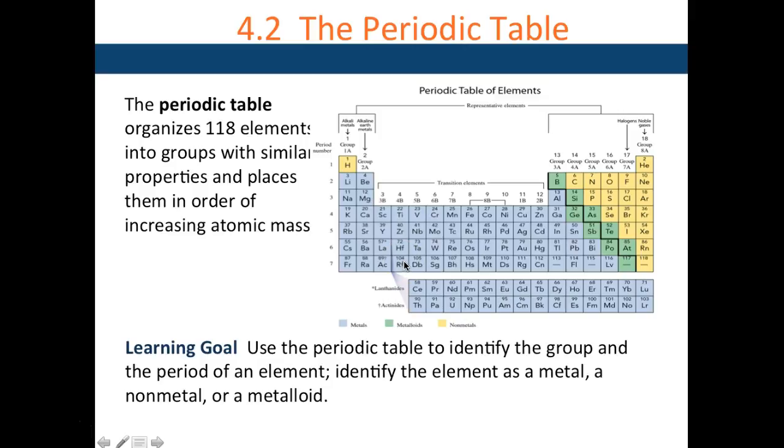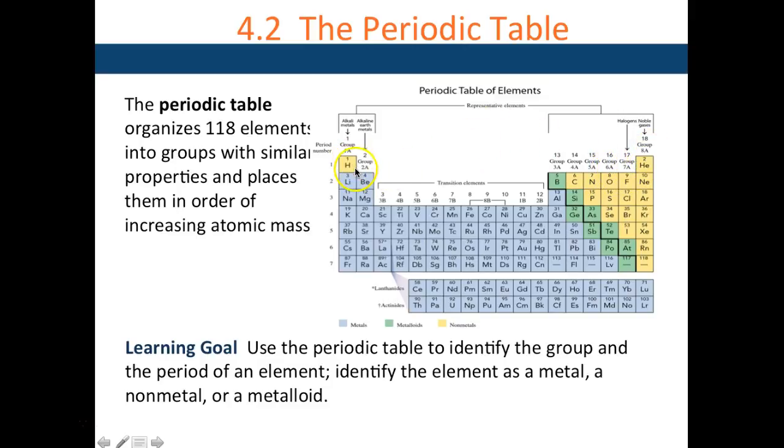All right. Some of these groups have numbers, and they have particular names also associated with them. The group numbers go from 1 through 18, but the preferred way for this textbook and myself included is to go with these labels: 1A, 2A, 3A, 4A, 5A, 6A, 7A, and 8A.